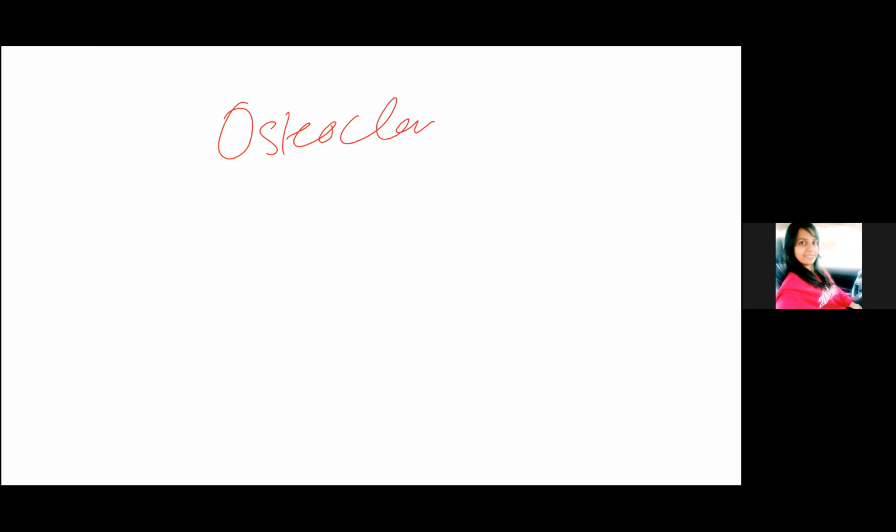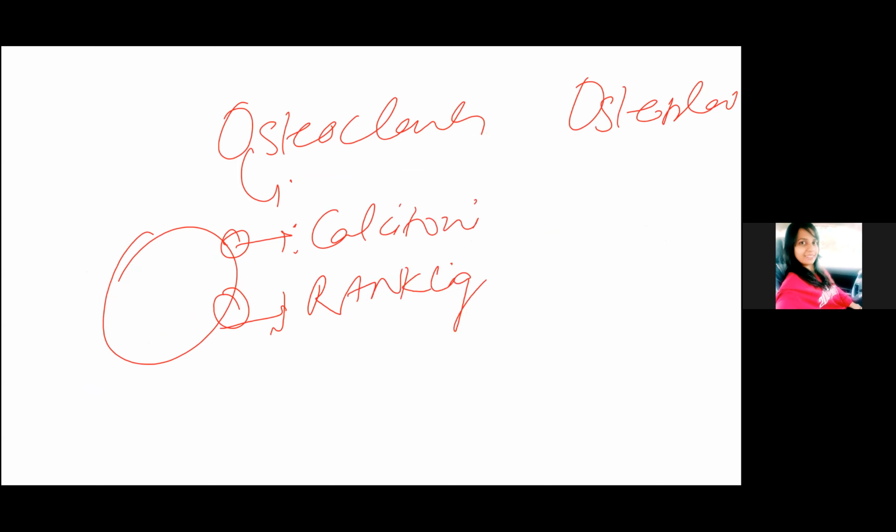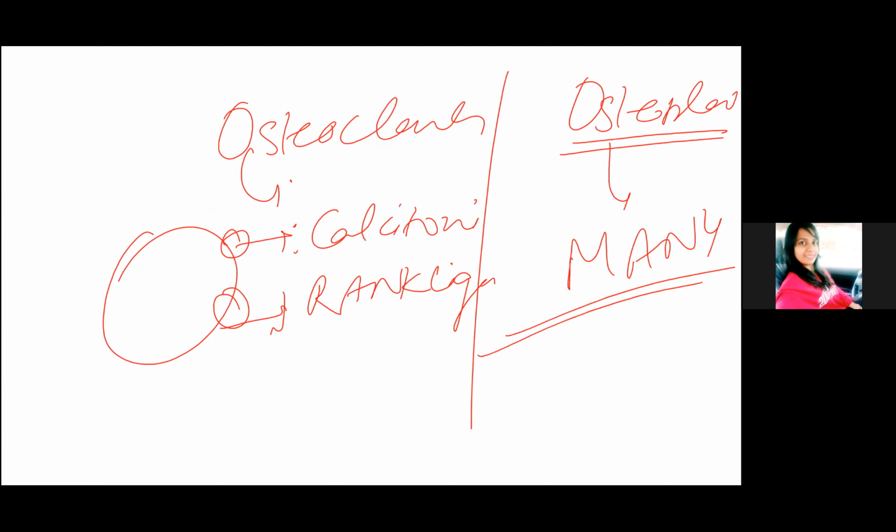Now we have osteoclast and osteoblast. Osteoclast has on its surface two types of receptors, one for calcitonin and second for RANK ligand. Osteoblasts have many receptors, that is the main difference. Osteoblasts are formed from the mesenchymal cells.